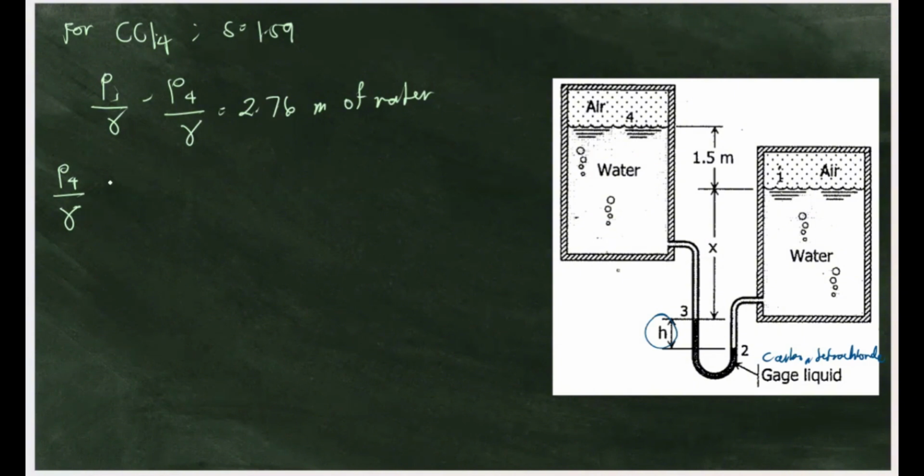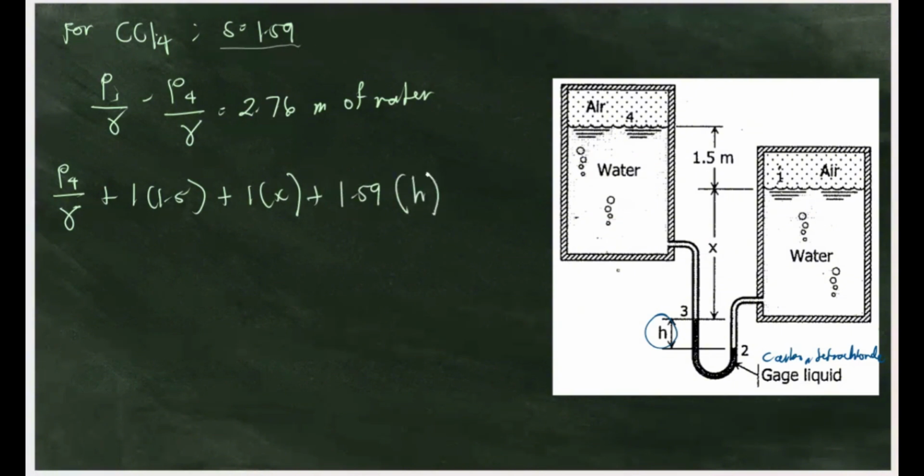Okay? So, P over gamma, then bababa, plus 1.5. Lagyan natin yung specific gravity ng water, 1 times 1.5, and then plus 1 times x, and then plus 1.59, specific gravity ng carbon tetrachloride, CCl4, then H, hindi natin alam.